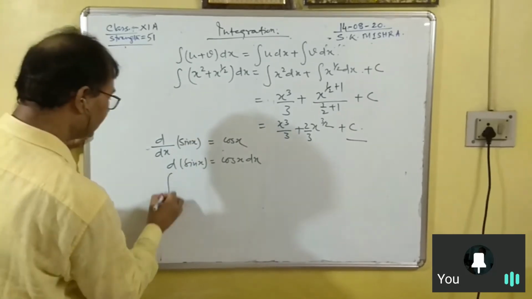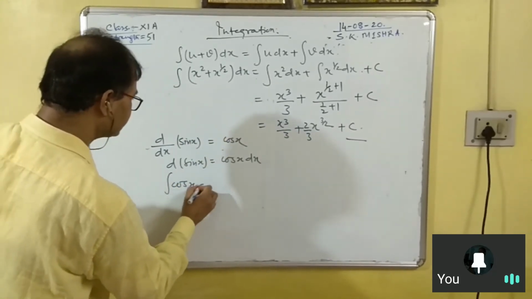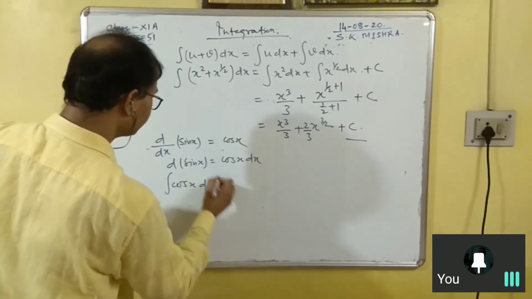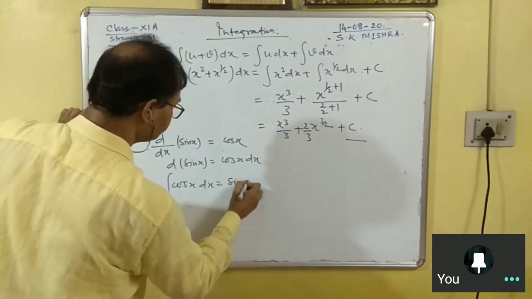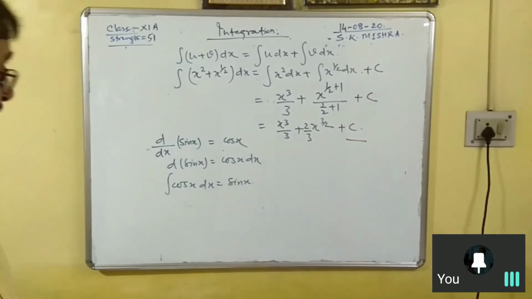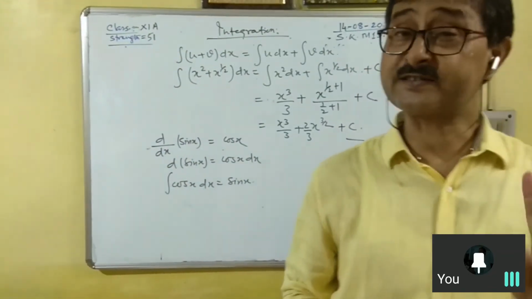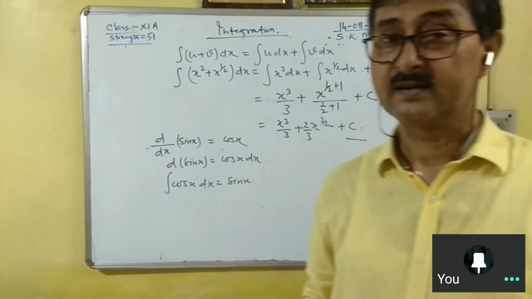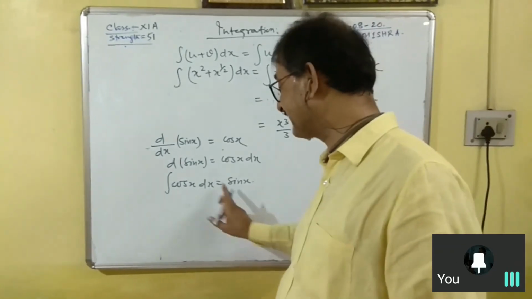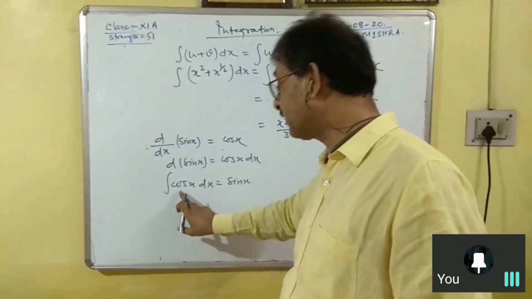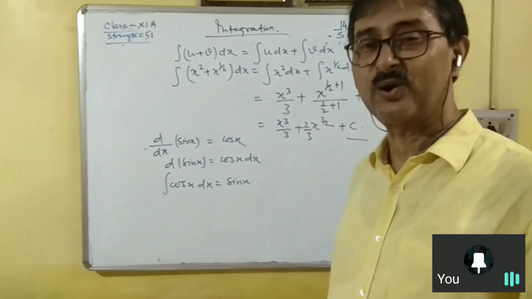So integration of cos x dx is nothing but sin x. Remember, differentiation of cos x is minus sin x, but integration of cos x is sin x only.